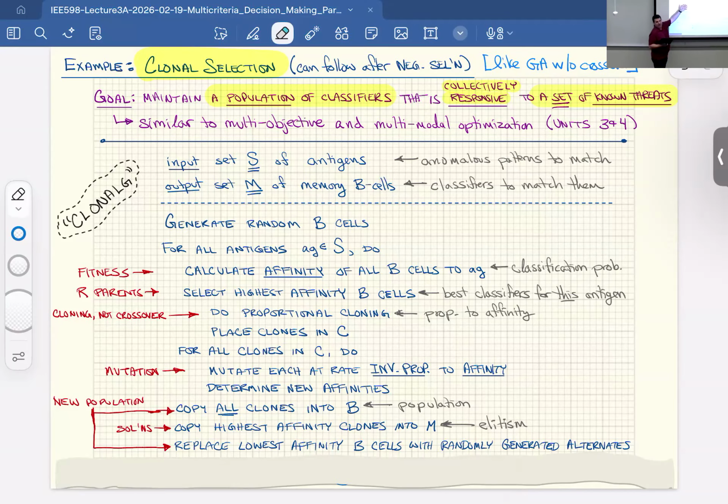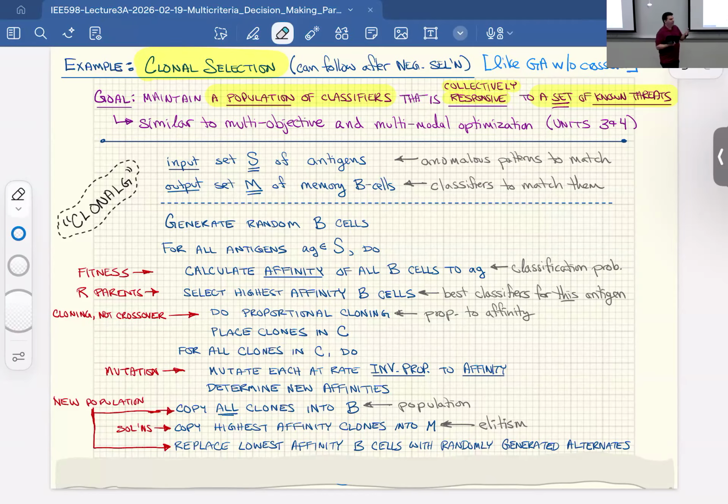And then we loop. So that's clonal right there: you've got this sandbox of B cells, and then these temporary playing sandboxes on C here, where you generate all these clones and put them back in the sandbox. Each one of these sets usually is limited in size.